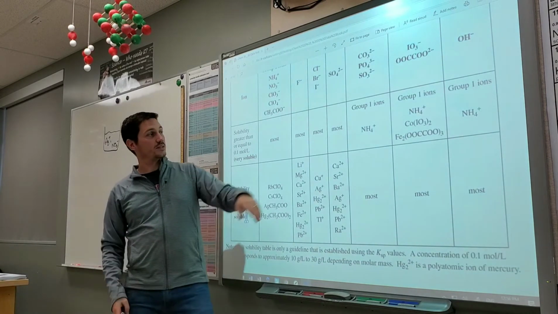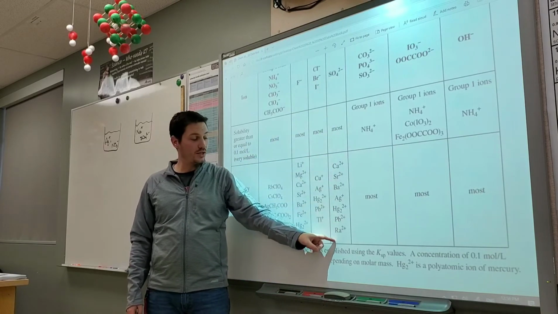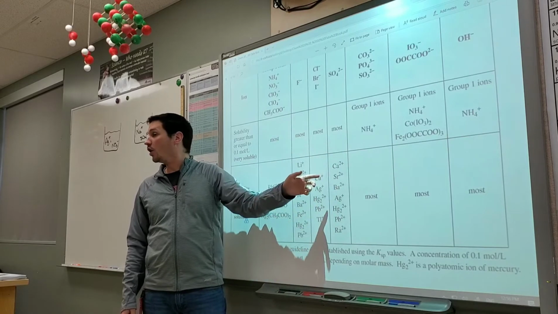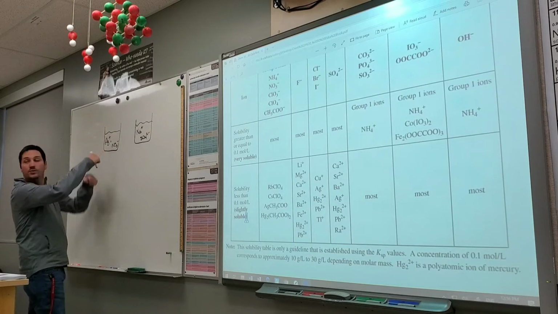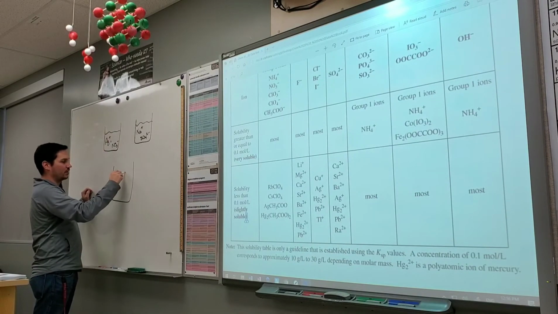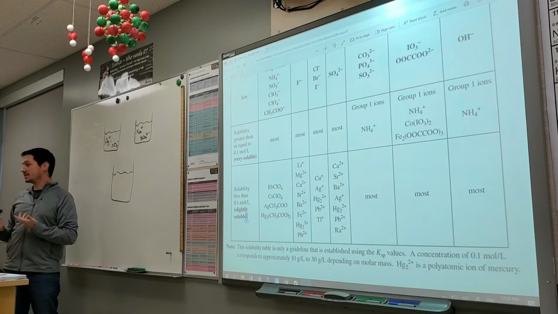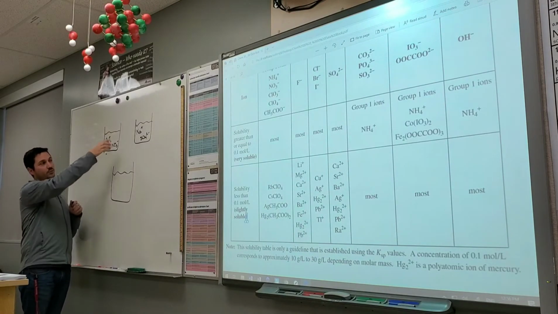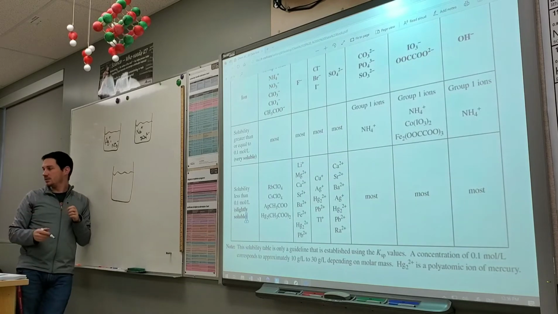Sodium and sulfate. When sulfate is in a beaker with sodium, do they make a precipitate together? No, they don't. Okay? When I add these two together, what types of ions will be present in this new solution? When I add these two together into a new beaker, am I going to get silver ions?